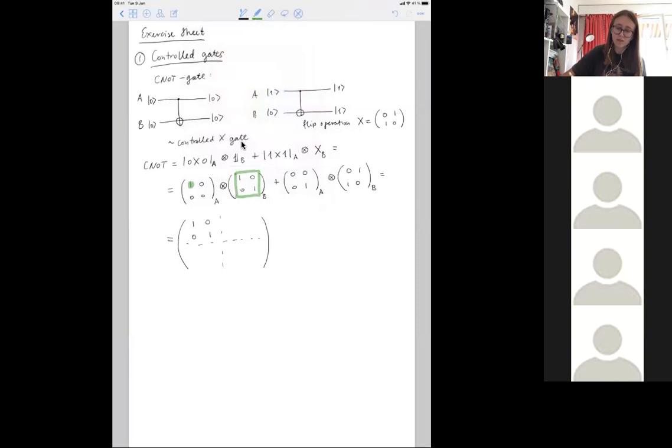Then we take the 0 element and multiply it with the same matrix. Obviously everything is 0. Then we take this element, also multiply it, so we get zeros, and finally this element, also multiply it with this matrix, and we also get 0. It's X on AB.